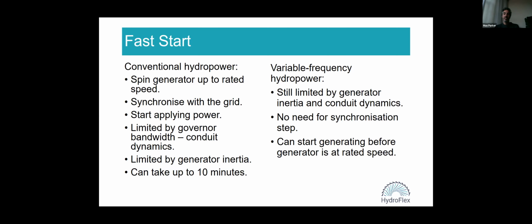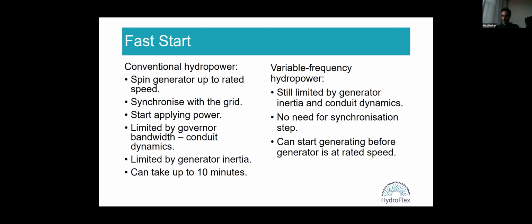With a variable frequency system, you're still limited by the generator inertia and the conduit dynamics, but you don't need the synchronization step. The converter can synchronize very quickly. It will just be waiting for power to be provided. And the important thing is you can start generating before the generator is up to the rated speed.